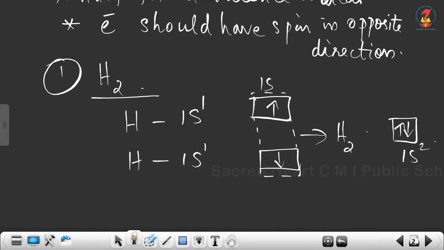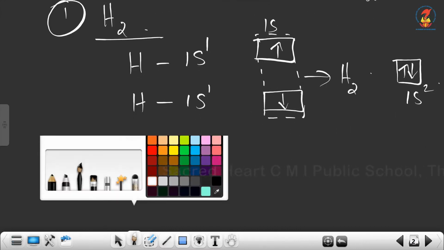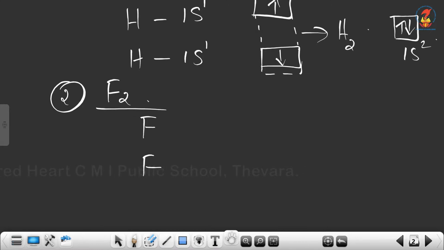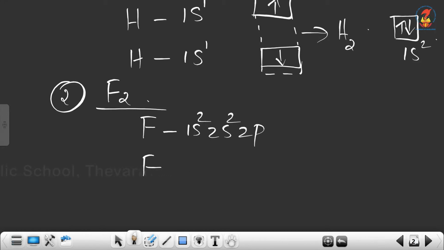Okay, now the next example is formation of fluorine molecule, F2. We have two fluorine atoms and the atomic number of fluorine is 9. So the electronic configuration is 1s2, 2s2, 2p5. Now this fluorine also 1s2, 2s2, 2p5.